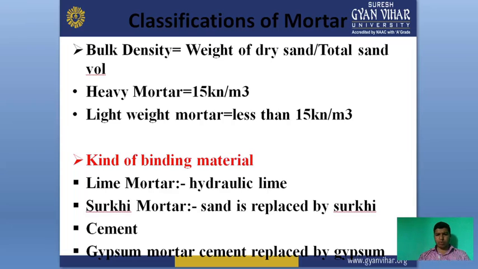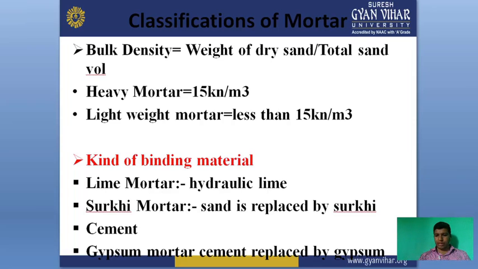The third one is composite mortar. What is composite mortar? The lime mortar is first prepared by the grinding or pounding method. Then the required quantity of cement is added. Then the complete mass is thoroughly turned up and down to get a homogeneous paste. Thus, composite mortar or gauged mortar is a mix of lime mortar and cement taken in appropriate proportion.